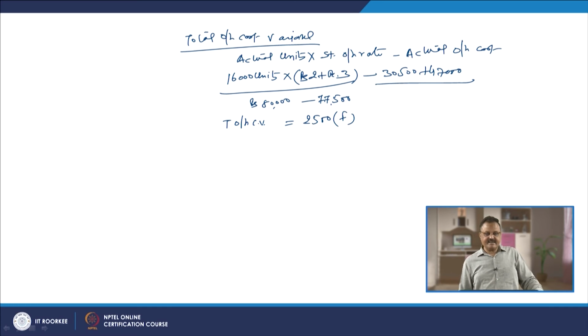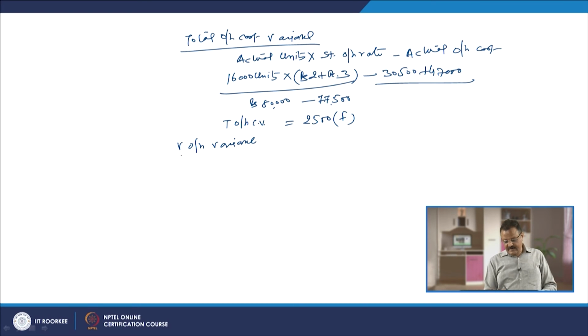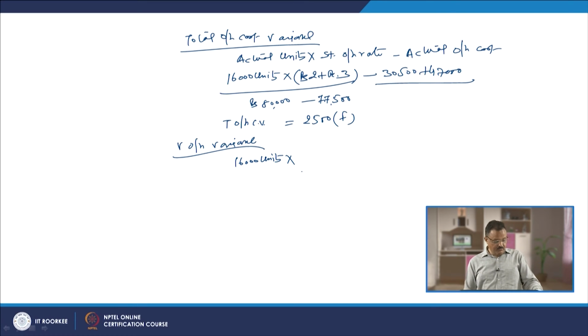Now, we will further dissect into variable overhead variance. For calculating the variable overhead variance, the first part is going to remain the same, that is 16,000 units, actual output, into the standard variable overhead rate per unit. And what is the variable overhead rate per unit?